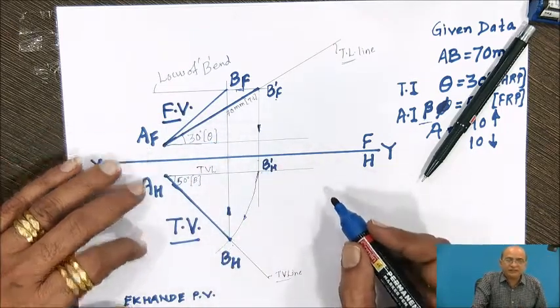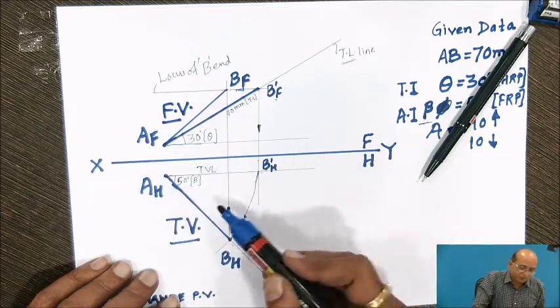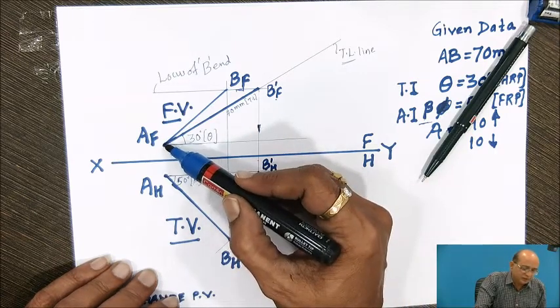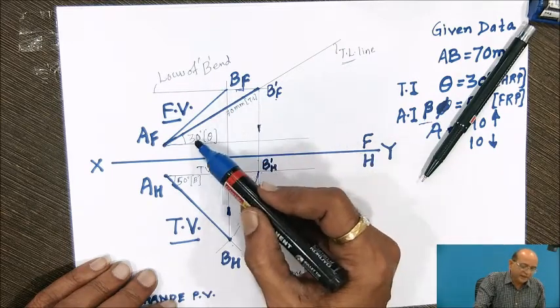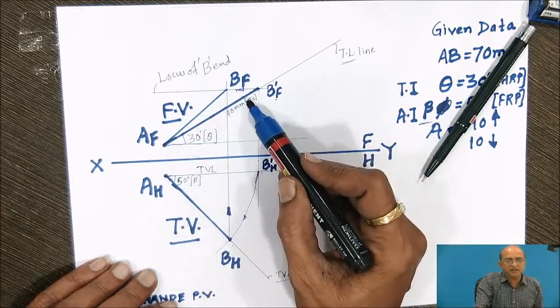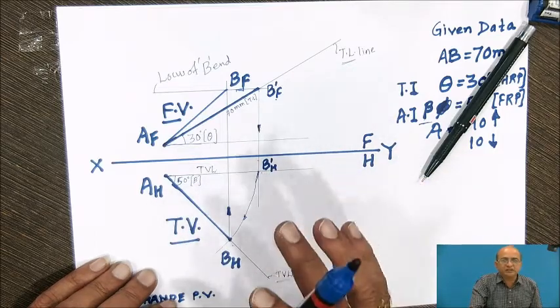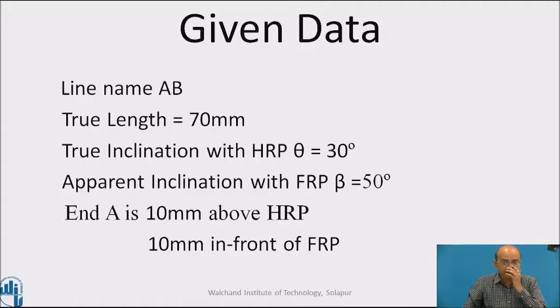Now remember that we are going to complete the XY line, the top view line, the front view line, and the true length line as dark lines. We are not completing the other lines as dark lines because those are construction lines. So this is all regarding completing the projections when the line is given with certain details and the position of the end.